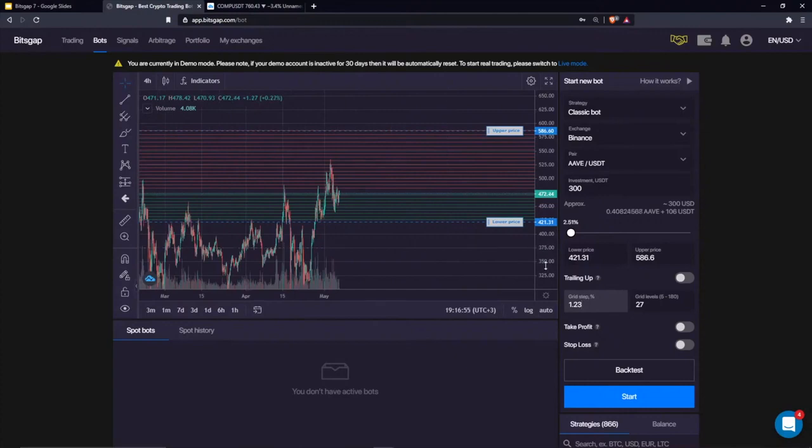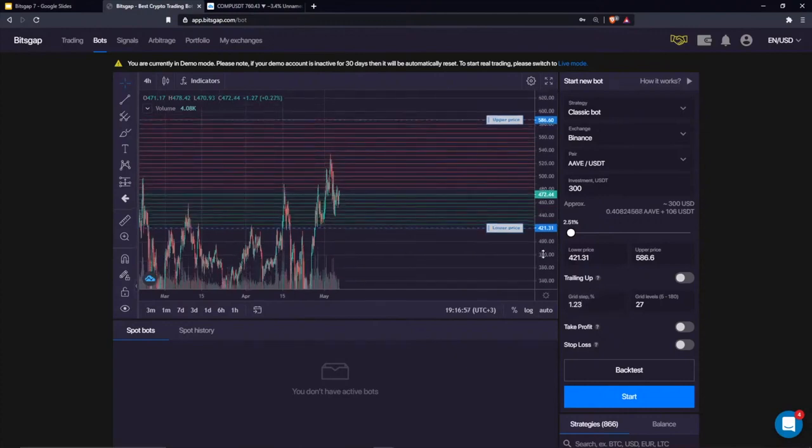So that's basically the distance between your limit buy and limit sell order. That's the margin profit that you take from the market for each successful trade execution. And by successful trade execution, I mean the combination of buying low. At first we have to see the bot executing the limit buy order, right?